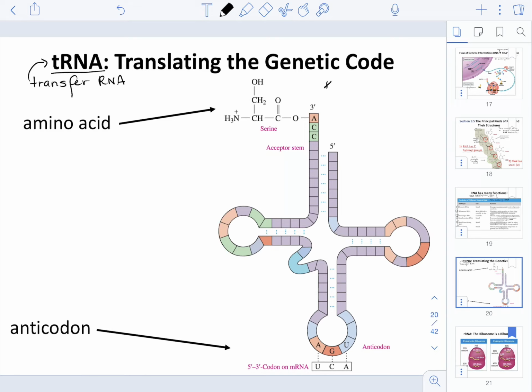As a reminder, remember that the function is to transport, in other words, bring the amino acids to sites of protein synthesis.